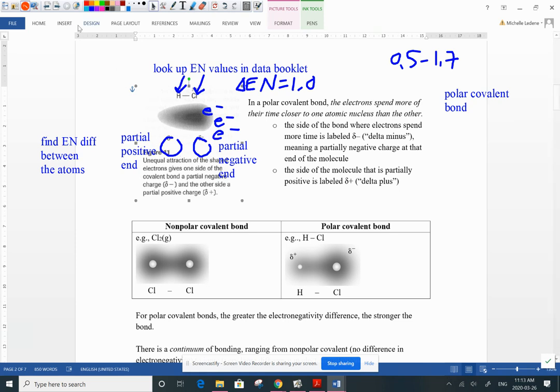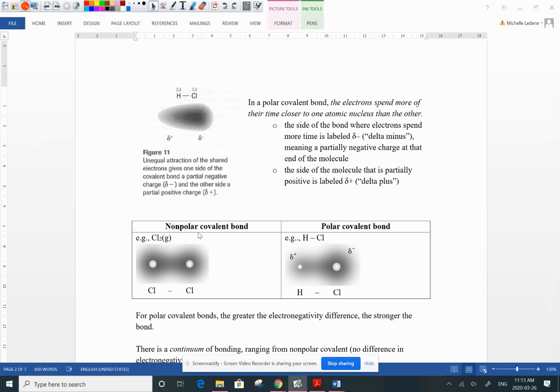So how is that different from a nonpolar covalent bond? Well, typically a nonpolar covalent bond has equal electron sharing. So you look up chlorine, as we just did, and you know that chlorine's electronegativity is 3.2. And here's another, a diatomic chlorine molecule. Well, what's the electronegativity difference?